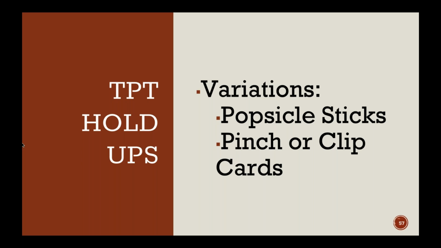The pinch or clip cards, instead of having 4 separate cards, one that says A, one that says B, you might have one piece of paper that says A, B, C, and D, and the student would simply cover the letter with their thumb or their forefinger, placing their finger on the answer that they believe is the correct one. So those are some different ideas on how to use TPT holdups in the classroom.